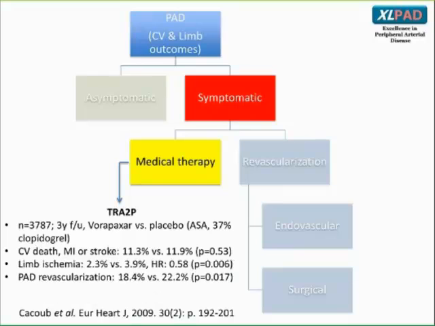The most recent addition to this database is the TRA2P study. This is a new drug. It's called Vorapaxar. This is not the forum to go in depth into it. However, it is worth mentioning that this drug purely blocks the PAR1 receptor.